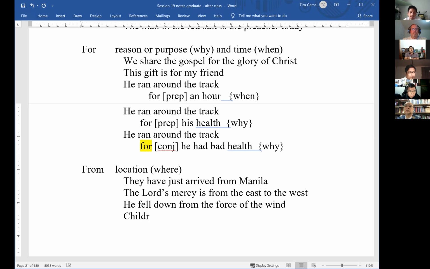Like the from there gives us the source. Yeah, I think source. Yeah, children come from their parents. Another example of that. Okay.